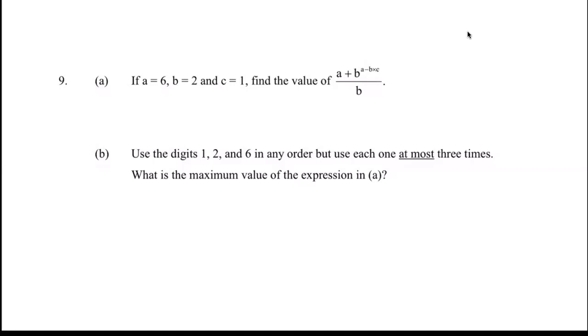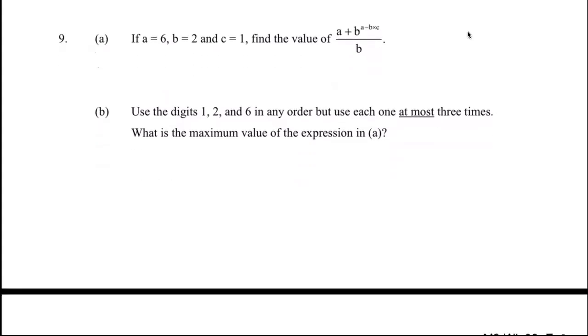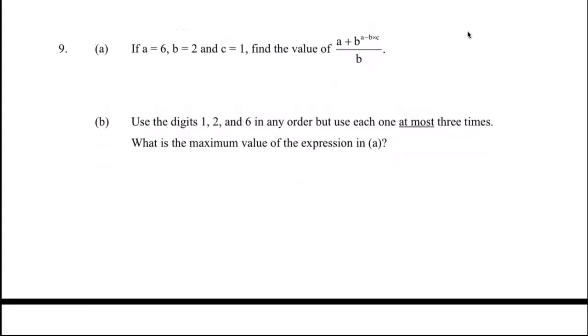Okay, so let's focus on part B. It says use the digits 1, 2, and 6 in any order, but use each one at most 3 times. What is the maximum value of the expression in A? For this question, it has something to do with a type of problem in mathematics called a maximization problem.